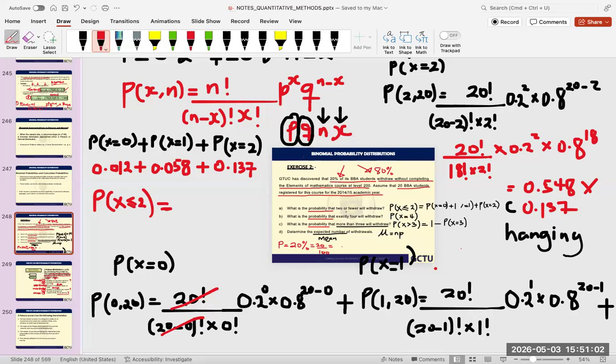So 0.012 plus 0.058 plus 0.137. If you put all together, you have 0.207. And this is our first answer.